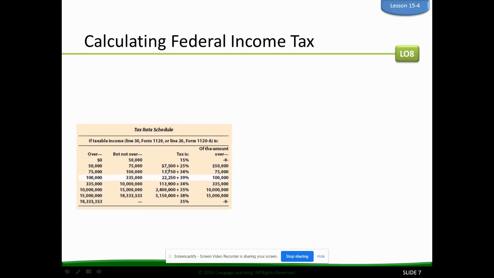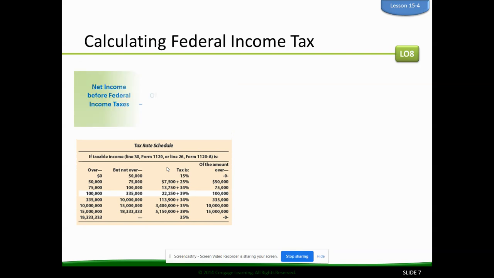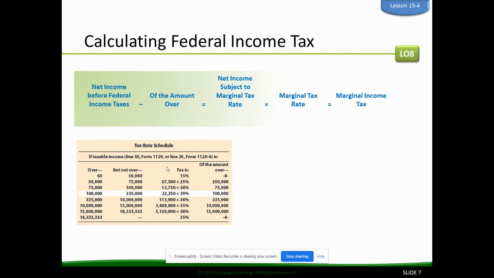So here is an example. Net income before federal income tax minus the amount over equals your marginal tax rate. And then you do it times that percentage.